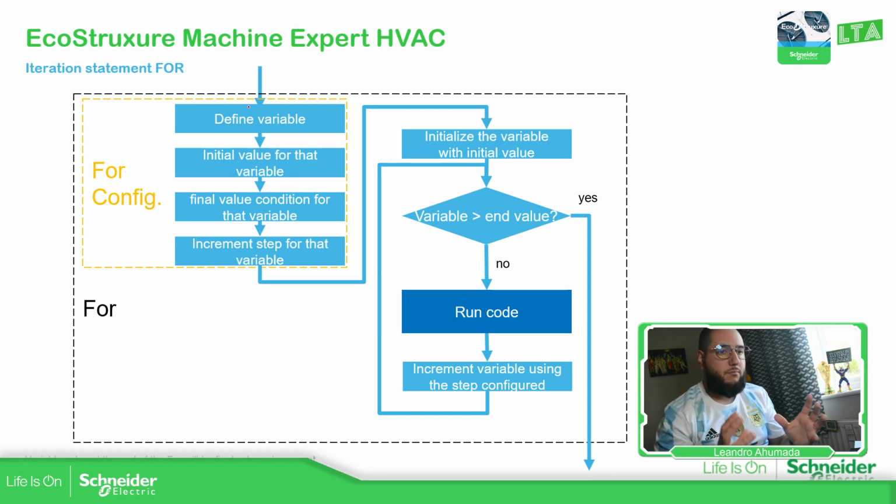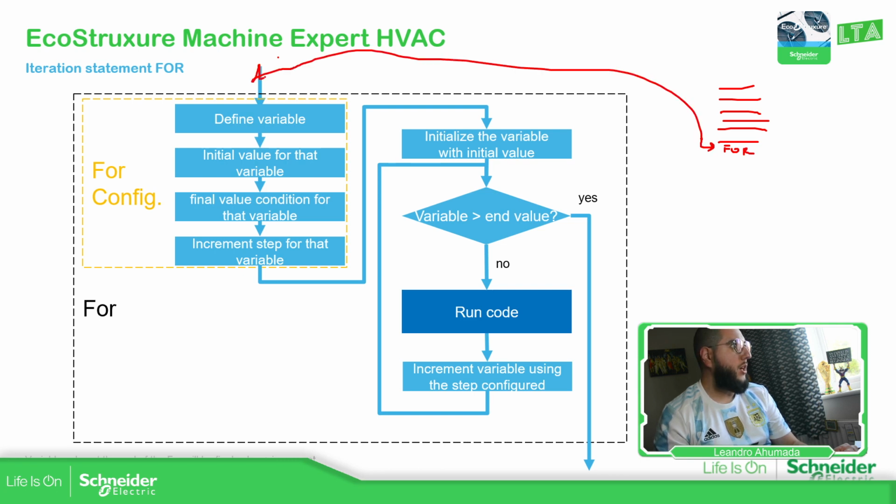That's mostly where I use it, or, I don't know, be creative. When we enter, we are executing any line of the code, and then we have the FOR. So this is going to be this part.